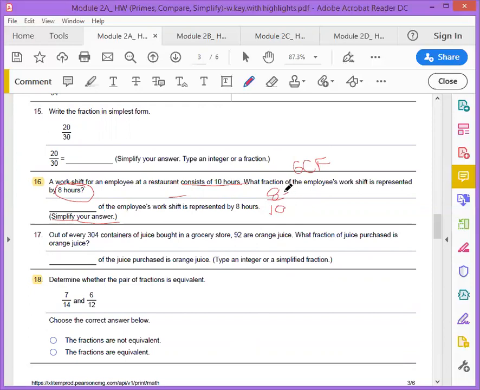So we'll stop with the 2. Divide both the top and the bottom by 2. 8 divided by 2 in the numerator gives us 4. 10 divided by 2 in the denominator gives us 5. So 4/5. What is represented by 8 hours is 4/5 of the employee's shift.